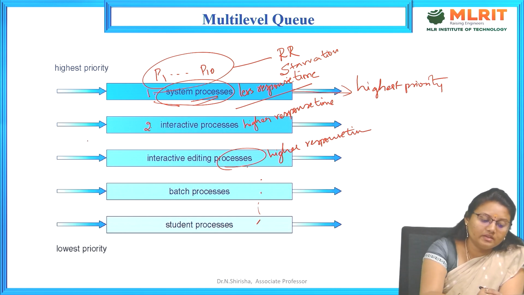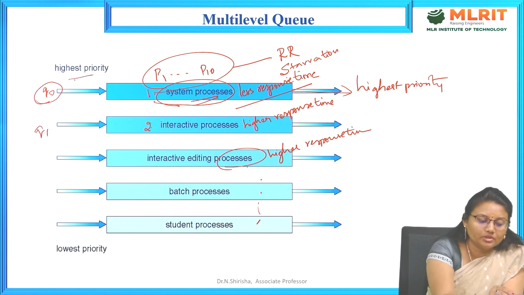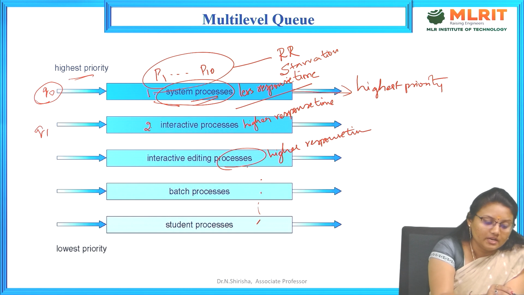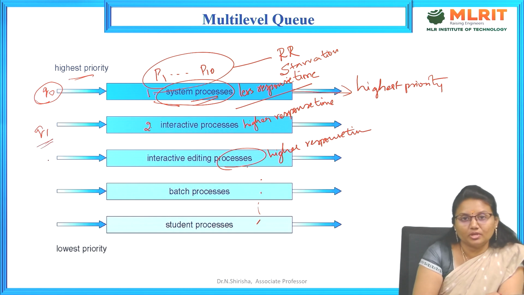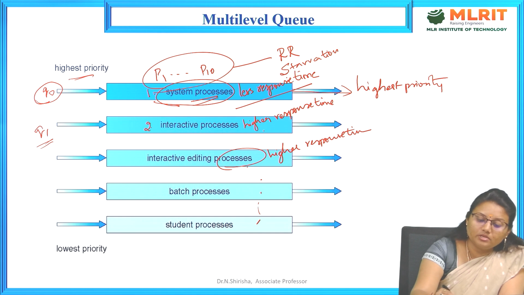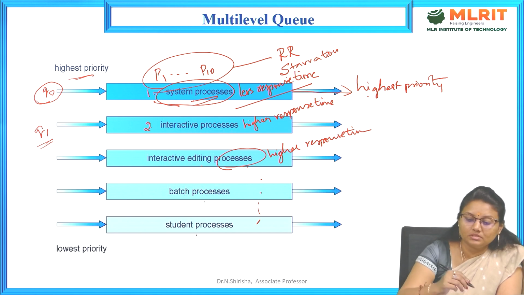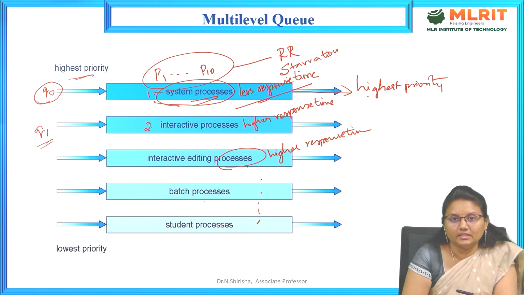Now next there will be the next queue. Say this is Q0, this is Q1. After completion of all the processes with the highest priority here, next it will go to the next highest priority processes, which are the interactive processes. These interactive processes have a higher priority than the interactive batch and student processes, which have less priority than the system process.